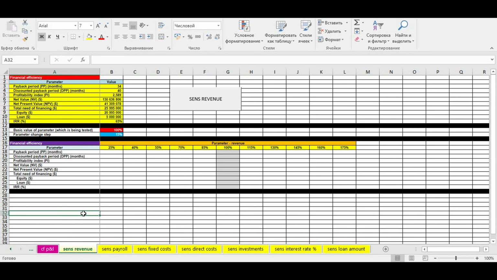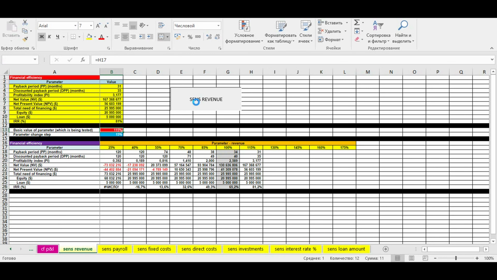How does it work? For example, let's go to the revenue sensitivity test. Here, we set the pace of increasing or decreasing the revenue. Then, we push Sense button and see when our financial efficiency will go negative.